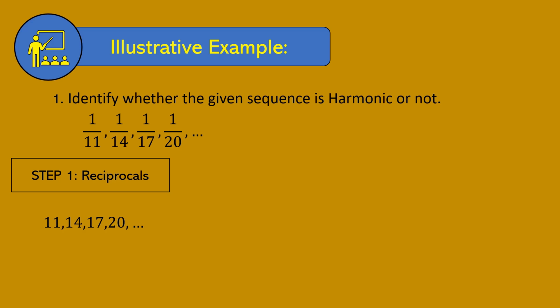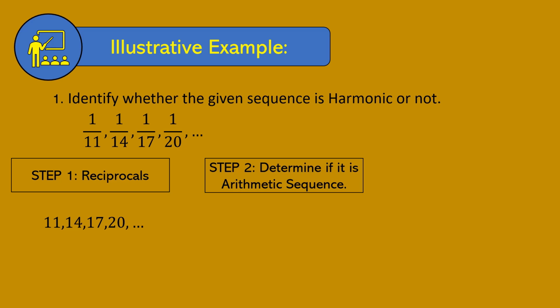So the reciprocals of the given sequence are 11, 14, 17, 20, and so on. Now, let's go to step 2.